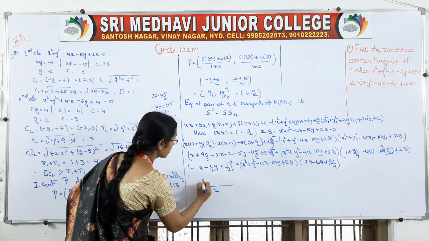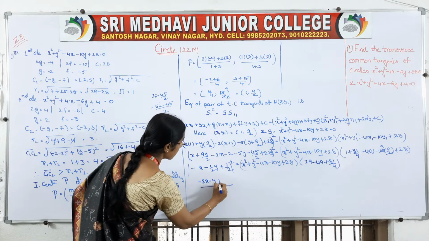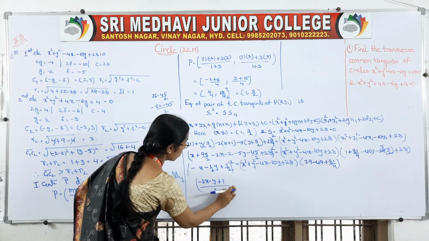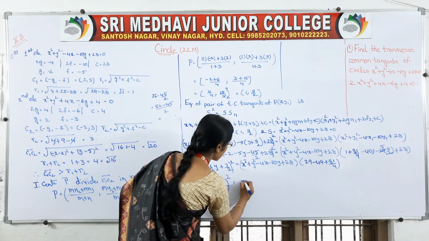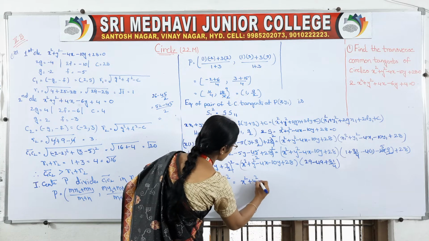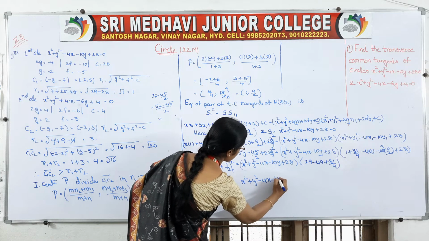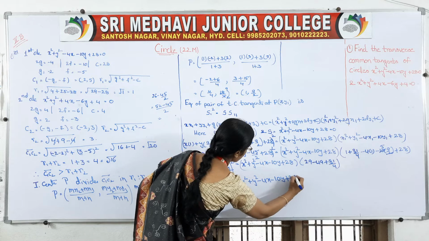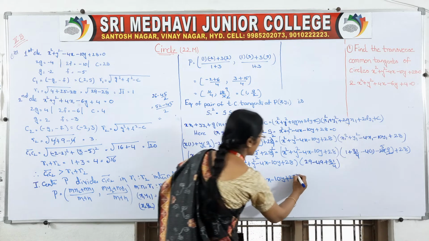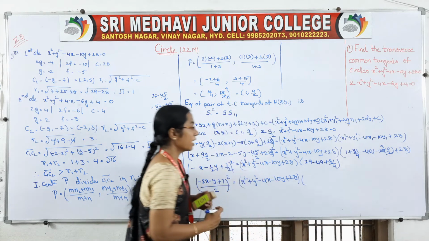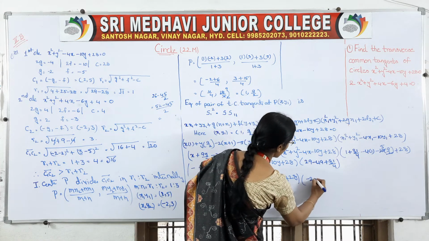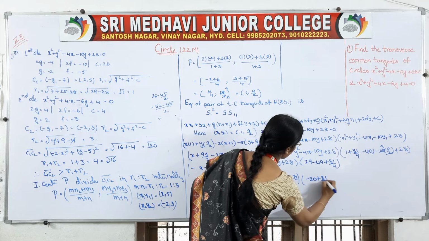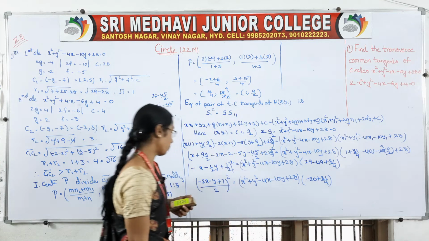So minus 2x minus y plus 7 whole square equals x square plus y square minus 4x minus 10y plus 28 into 49 minus 49 plus 29 minus 20 plus 81 by 4.